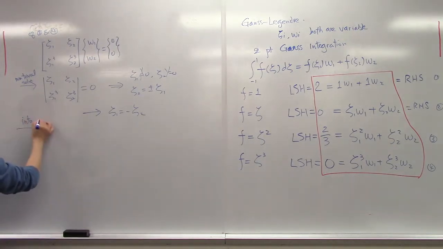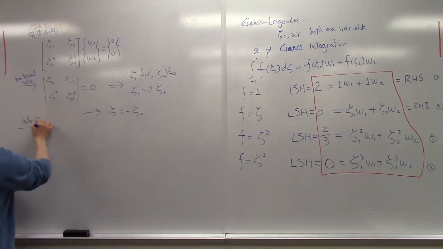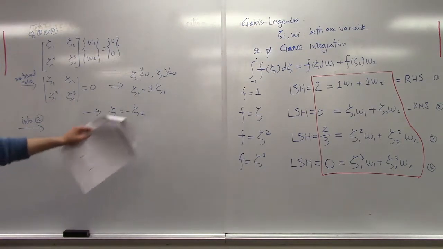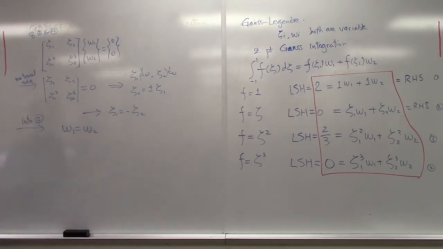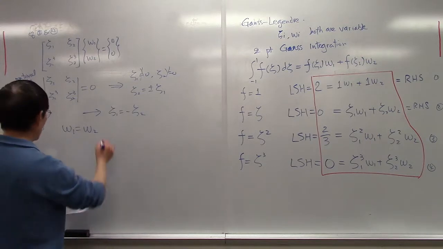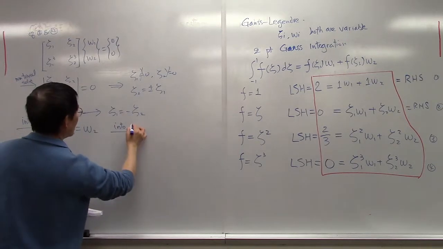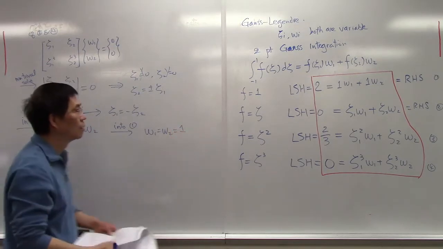When theta 1 is equal to negative theta 2, in equation 2, we find that W1 should be equal to W2. Okay? When W1 is equal to W2, and then into equation 1, it means W1 must equal W2 is equal to 1 from this condition.